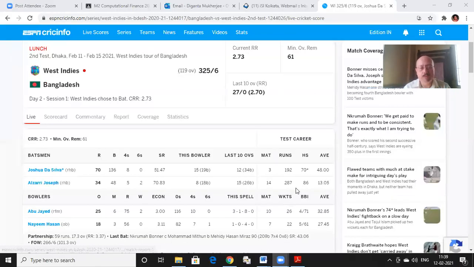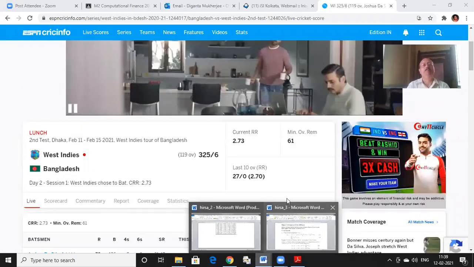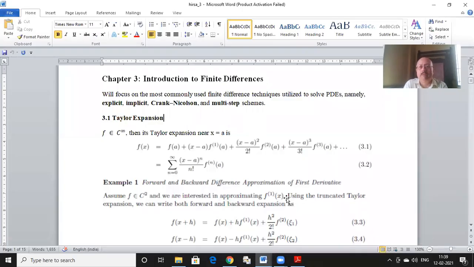Okay, so let me resume the recording and share my screen, because now I want to move on to chapter 3. Chapter 3 is the finite difference method.